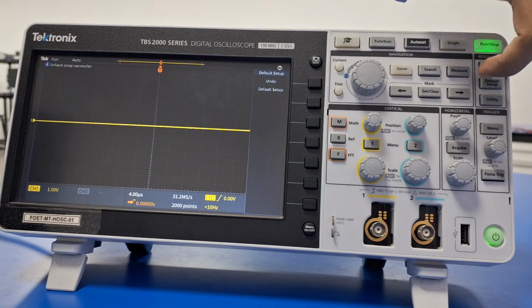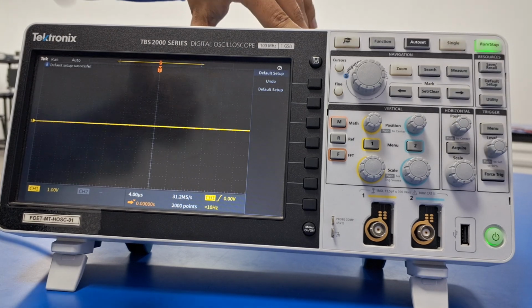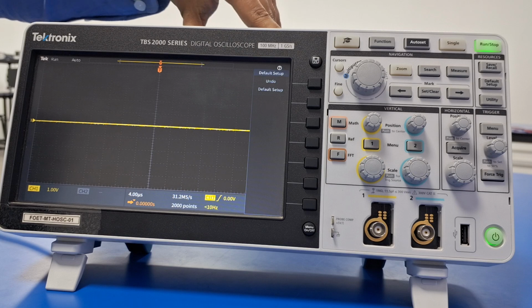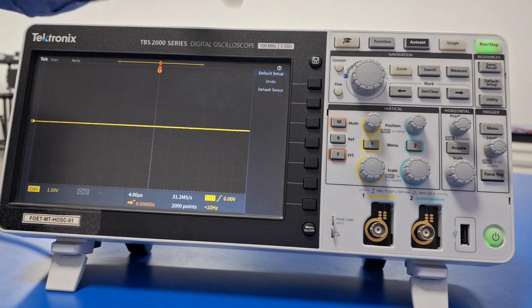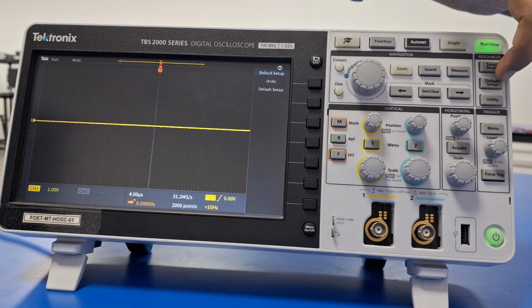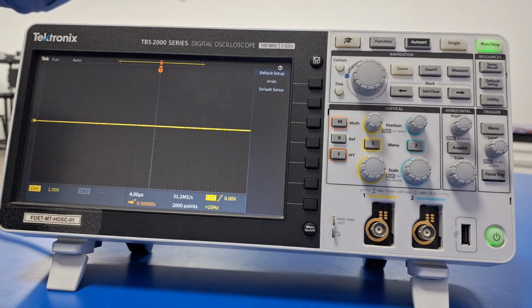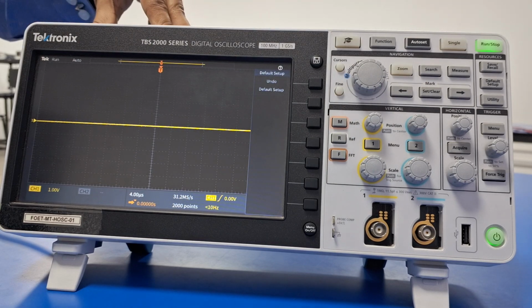Sometimes the default setup button or setting will be buried inside some other function, so you need to refer to the manual of the oscilloscope to find out where the default is. After getting it to the default setting, it is ready for your measurements.